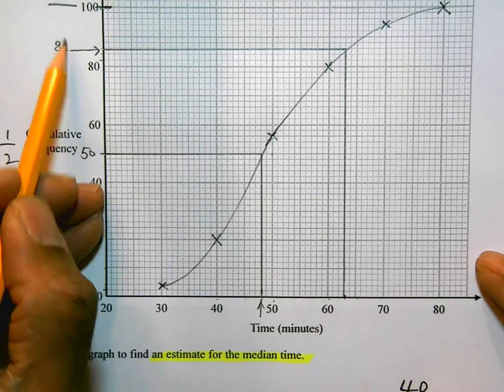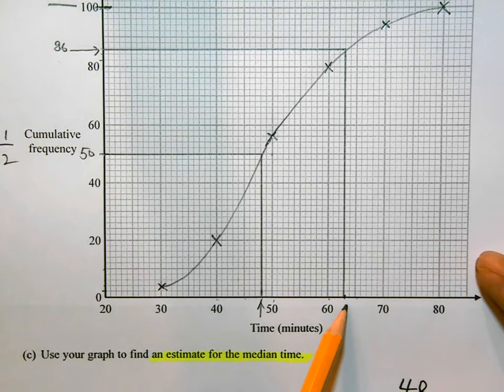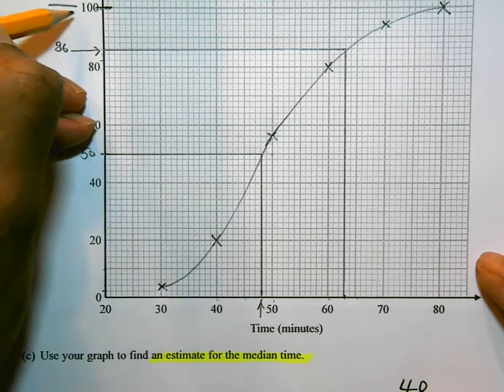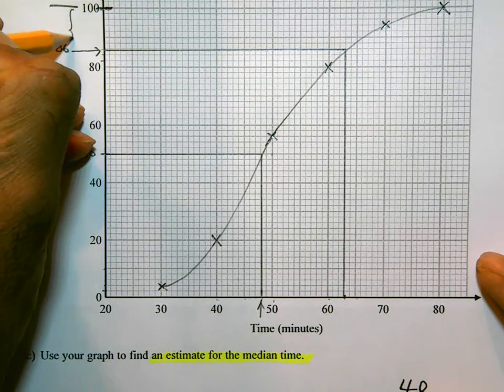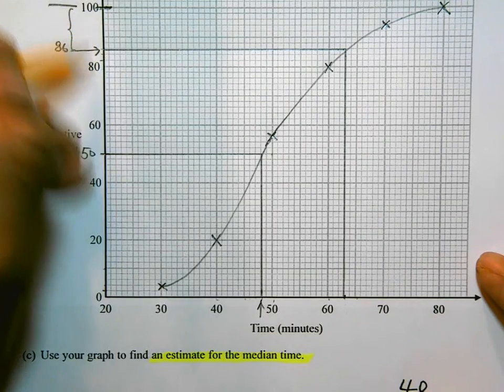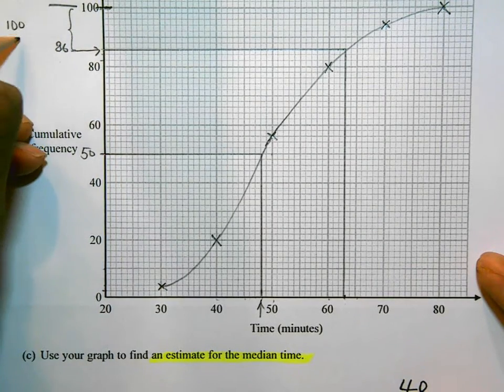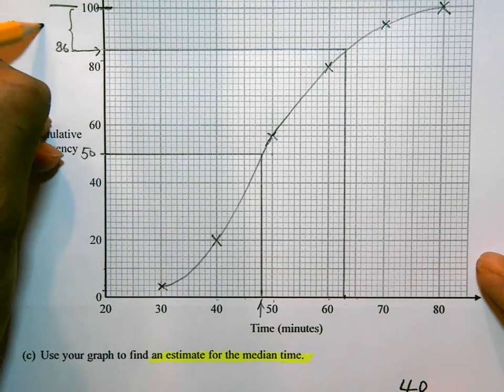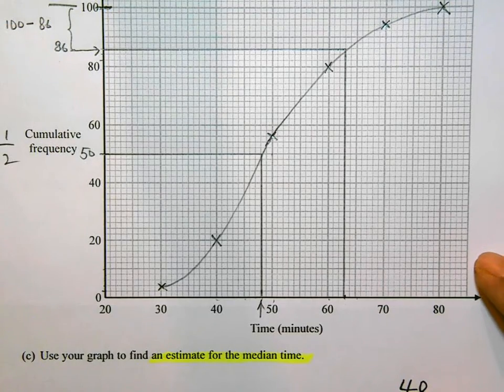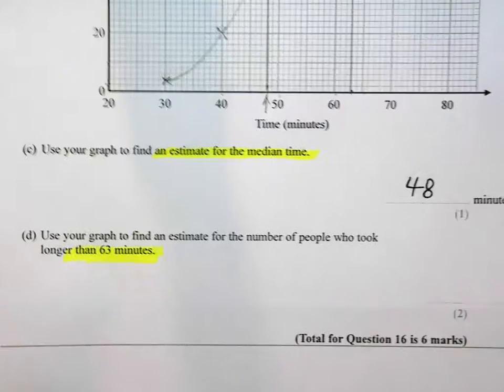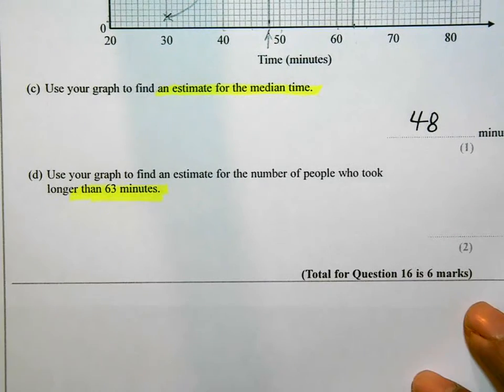Now according to this, 86 people took less than 63 minutes. The question asks us how many people took longer, and that's going to be this group here. To work out how many there are in there, I just need to do a subtraction. It goes all the way up to 100, take away 86. A lot of people mess up on this. I'm going to write that in my answer space and work out my answer.